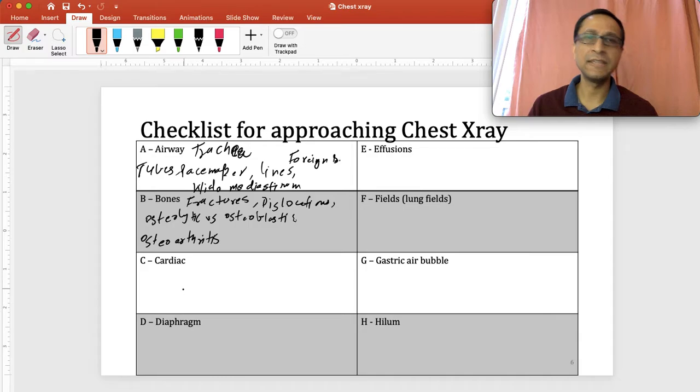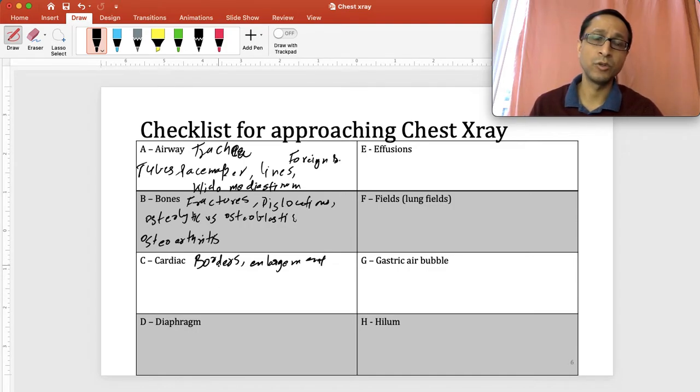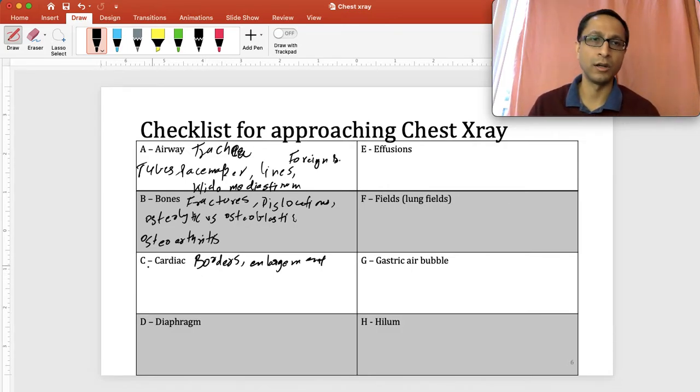The next one, C, is for cardiac. Look for the heart. Heart borders, regular, irregular, any enlargement. Sometimes you can also find a very thin rim of air around the heart.